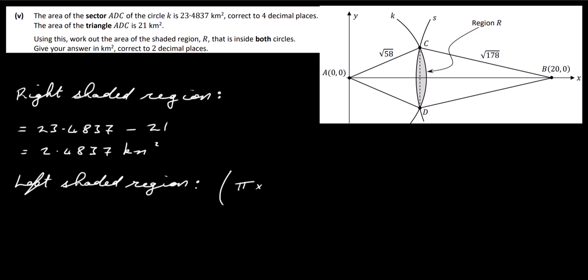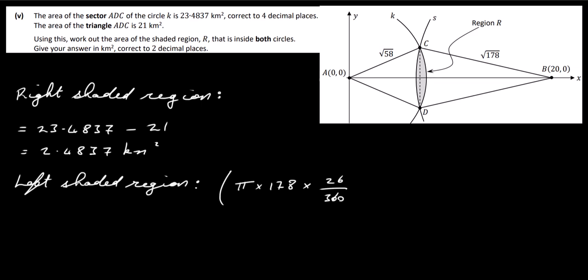If we square that, we get 178. So that's the area pi r squared, which would be the area of the entire circle if we were to go all the way around. We only want a fraction of that circle. The fraction we need is the angle here, which we worked out previously as 26 degrees, so that's 26 degrees over the entire circle, which is 360 degrees.